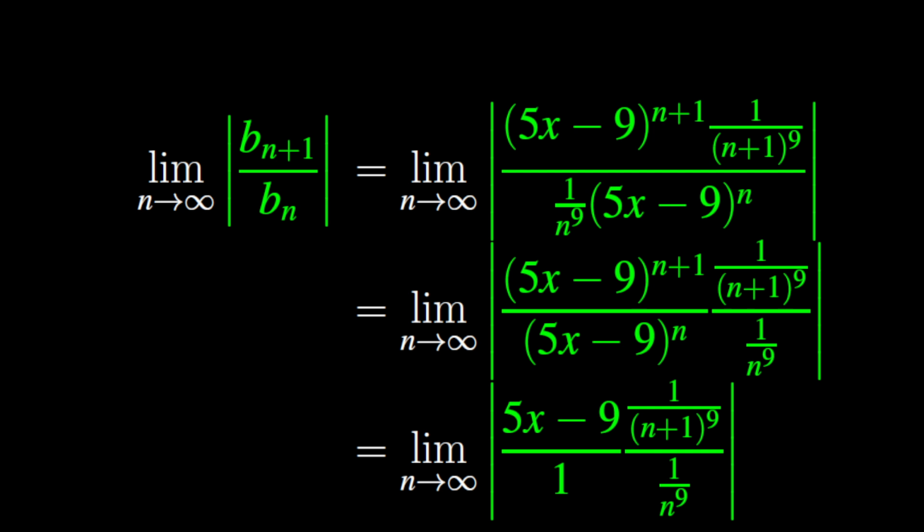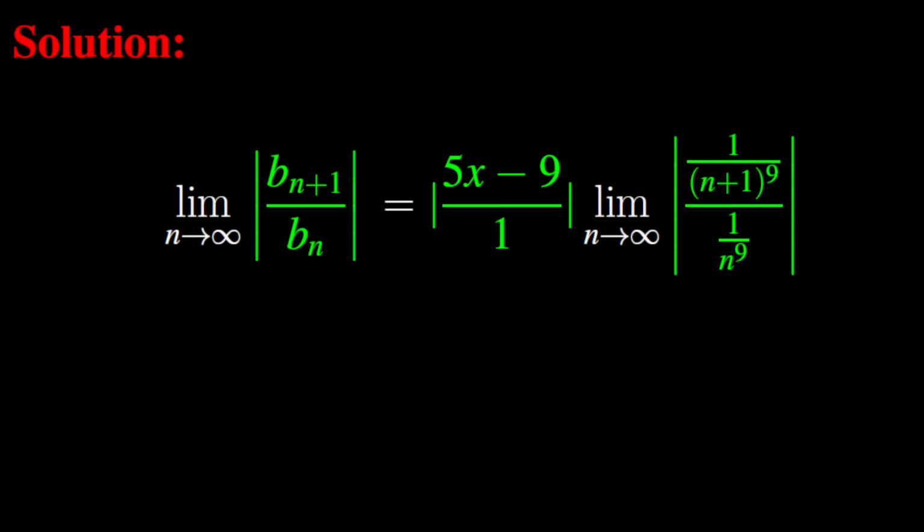This is the same as the limit as n goes to infinity of the absolute value of the fraction (5x minus 9) over 1 times the fraction 1 over (n plus 1) to the power 9 over 1 over n to the power 9. We can pull the fraction (5x minus 9) over 1 out of the limit expression because it does not depend on n. Thus, we only need to compute the limit as n goes to infinity of the fraction 1 over (n plus 1) to the power 9 over 1 over n to the power 9.